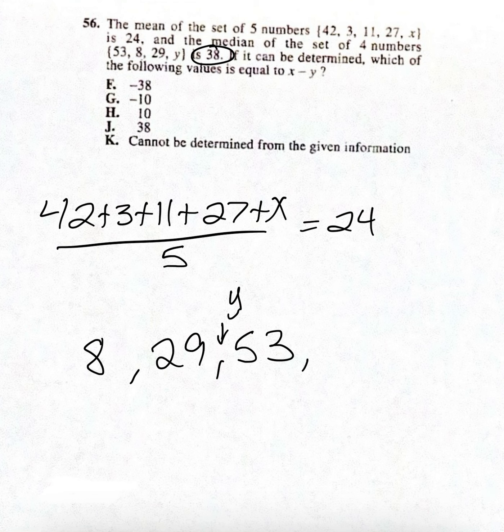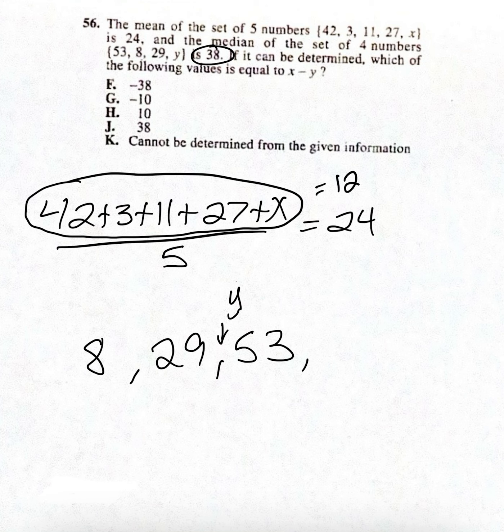And so now that I know I can solve for x and I know I can solve for y, now we just have to do it. Let's solve for x first. The first thing we want to do is multiply both sides by 5. So we're going to have this top part of the equation equal to 24 times 5, which is 120.